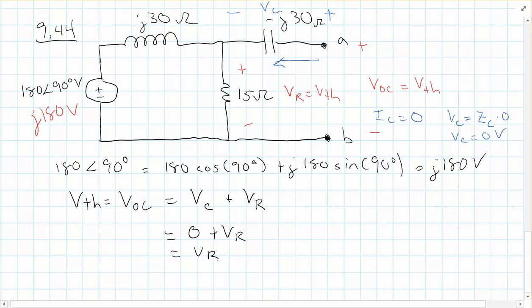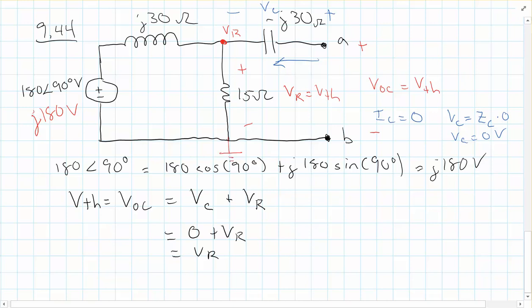We could go ahead and just do a voltage division here to get this, but I'll write a node equation. It's not too difficult, and I think a lot of us tend to write node equations. So I'm going to put a node right here, and the voltage across the resistor is going to be at that node, because down here, of course, we would think of this as ground.